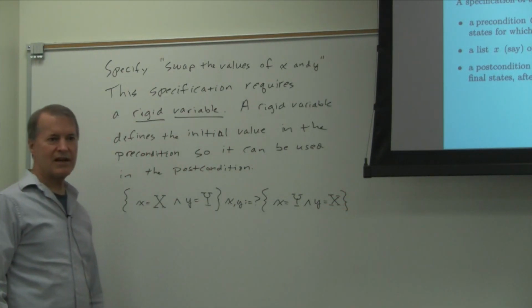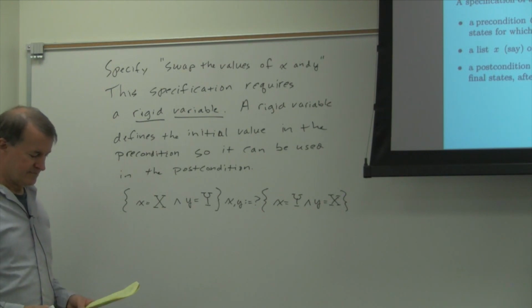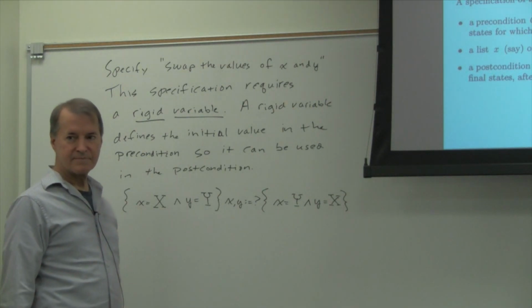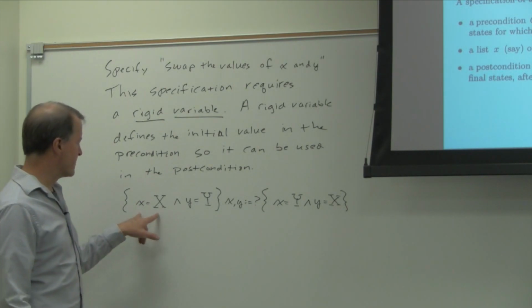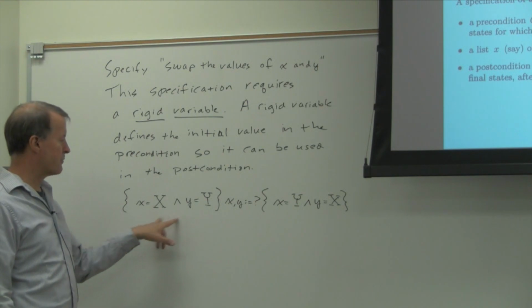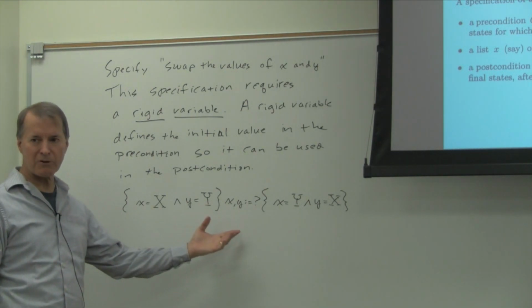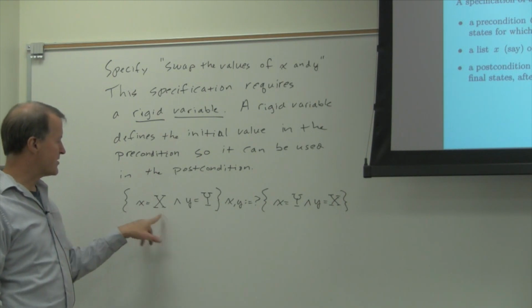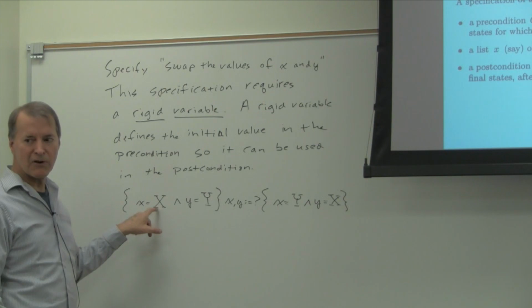Now, does everybody see how that works? The purpose of this precondition is not to put any restrictions on what x and y must be in order for this program to work. The purpose of this precondition is to define what the rigid variables are.